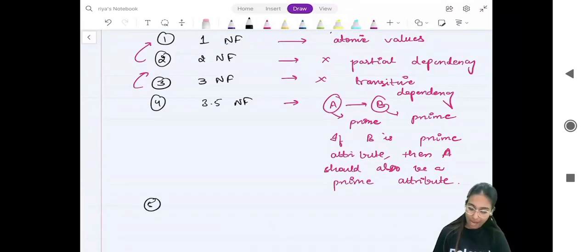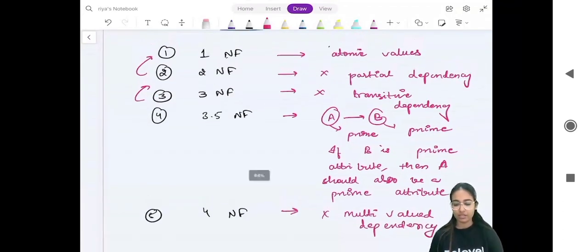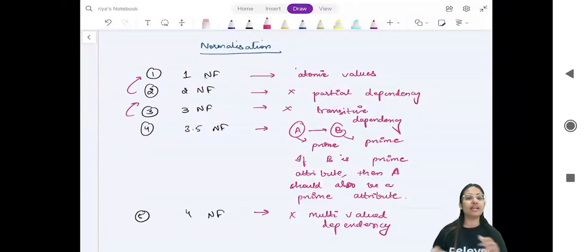Okay, and the last one that we talked about is fourth normal form. For the fourth normal form, there should not be any multi-valued dependency. So this is all what we kind of concluded when we talked about the concept of normalization and all the normal forms. And I hope this is clear to everyone and you understood all parts of it.